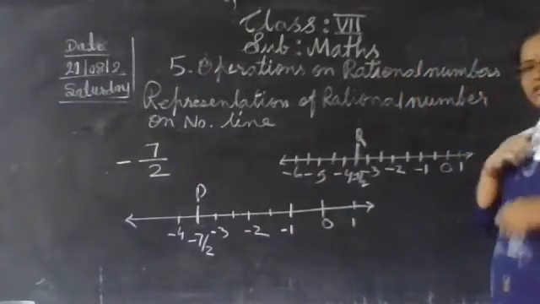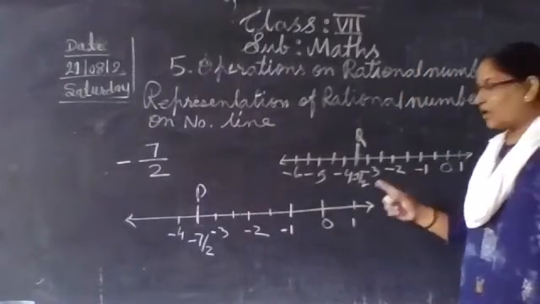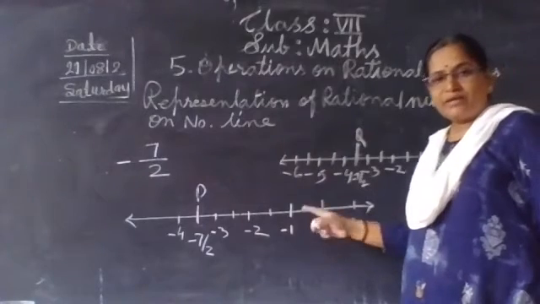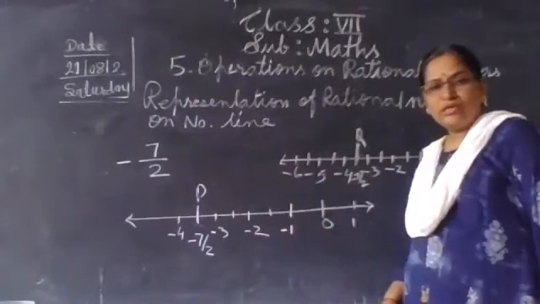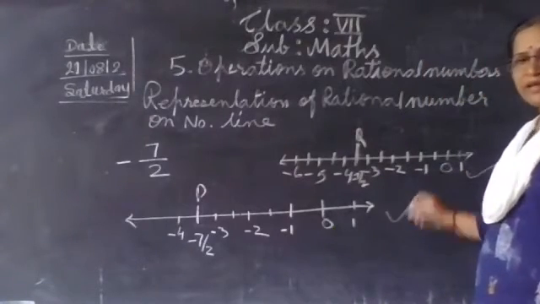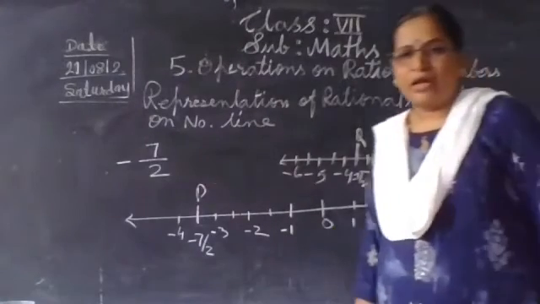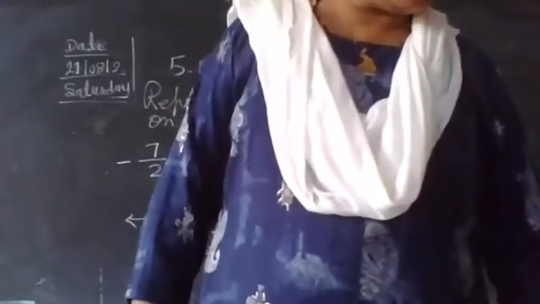So without converting into mixed fraction, you can do it like this, or by converting, first you have to convert it into mixed fraction and then we show it like this. So both are the same and both are correct. Got it, beta? Okay.